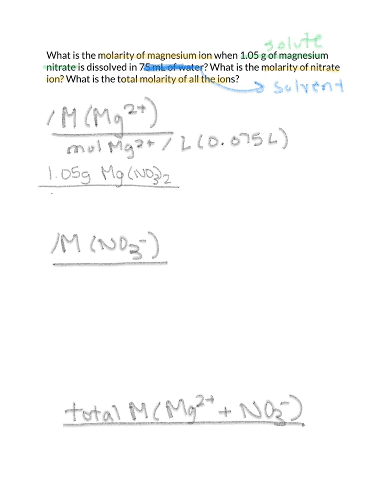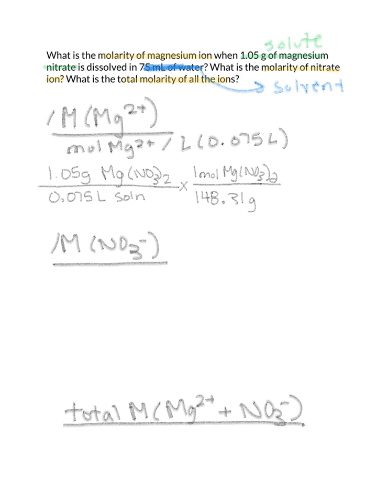I know that there's 0.075 liters of solution. And now I know that I need the moles of magnesium. Well, the first thing I better do is turn grams into moles. Since magnesium nitrate is my solid, I better use the molar mass. And when I add up 1 magnesium, 2 nitrogens, and 6 oxygens, I find out that that's 148.31 grams in a mole of magnesium nitrate.